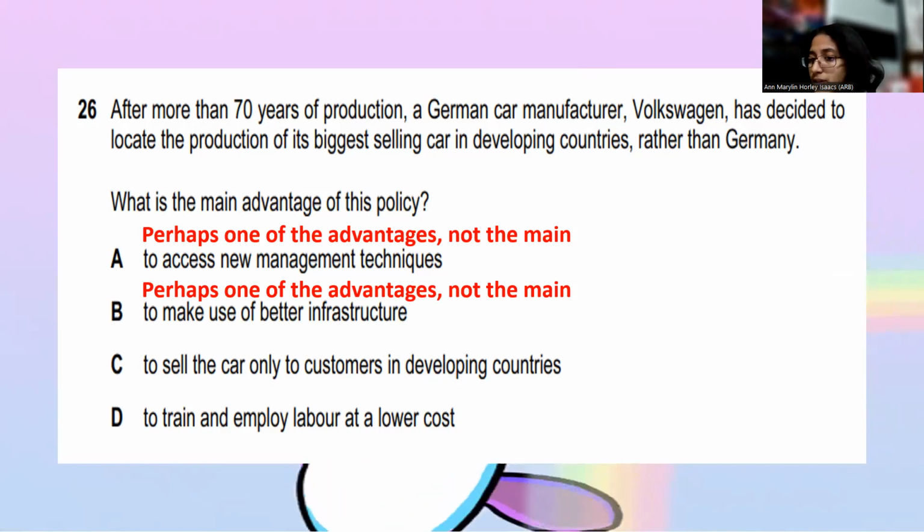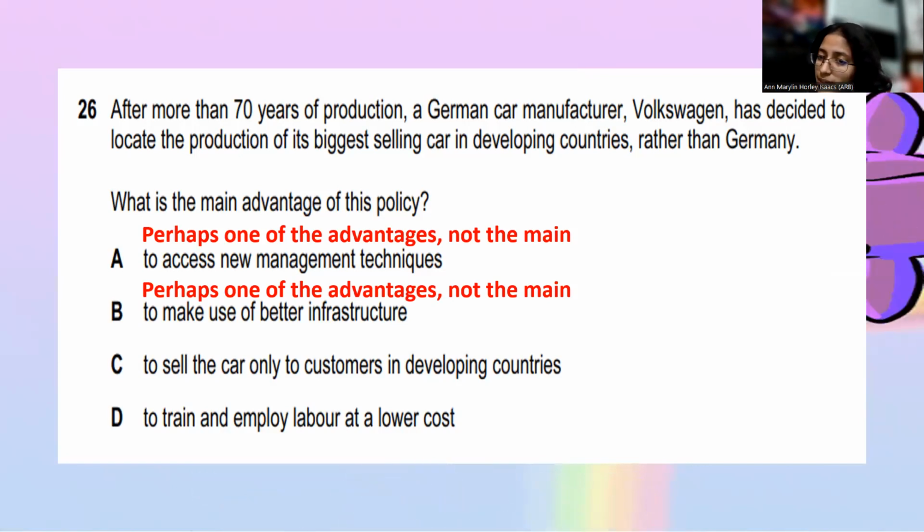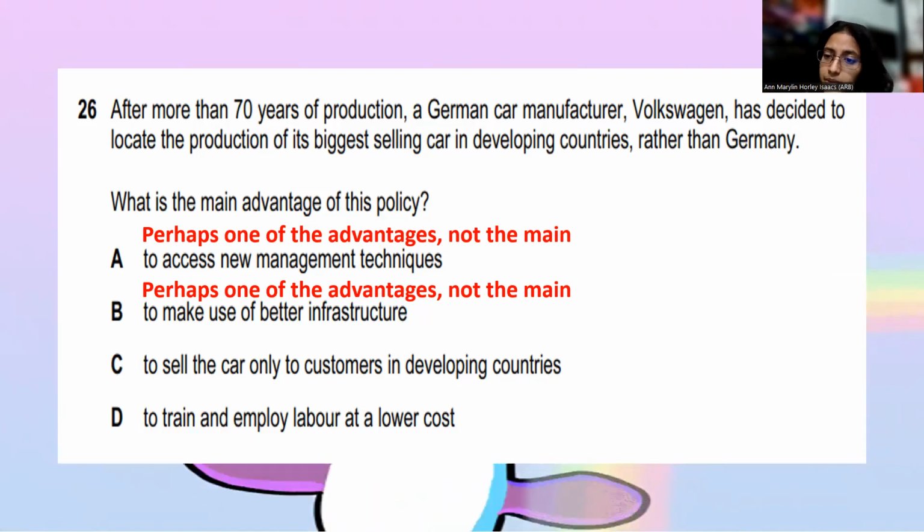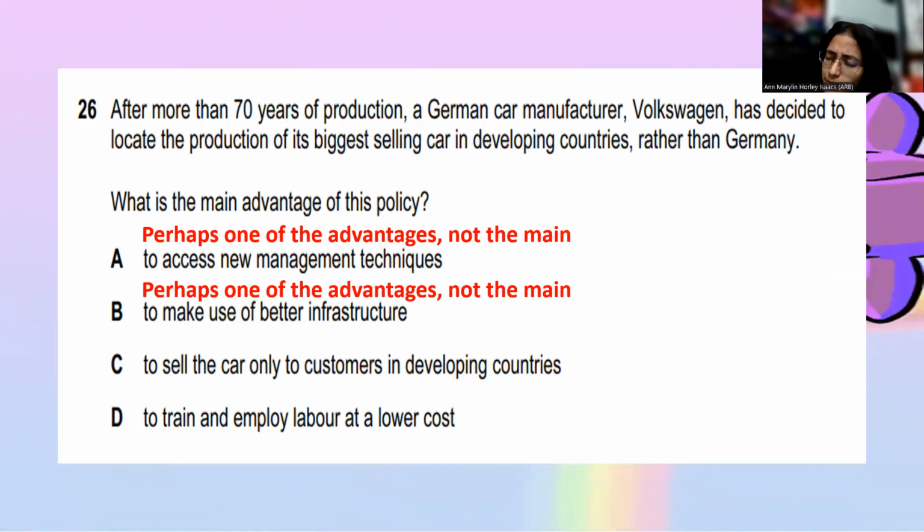Probably another country has got better equipment, better infrastructure in that sense, better roads, better transport systems and so on. Okay, but it's not the main reason why you'd shift production.